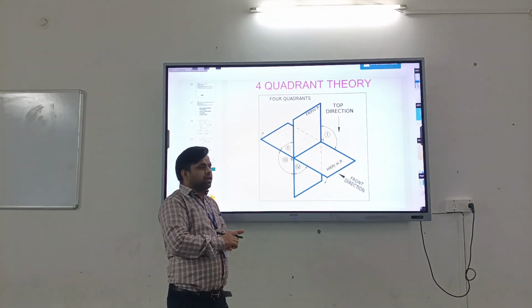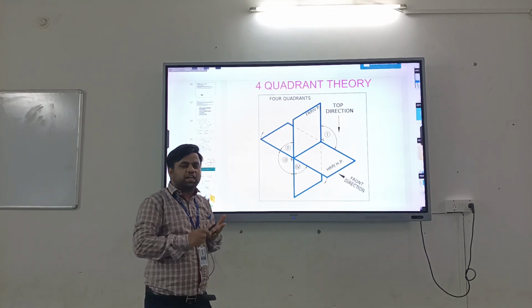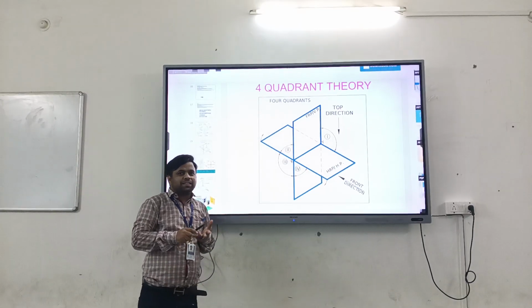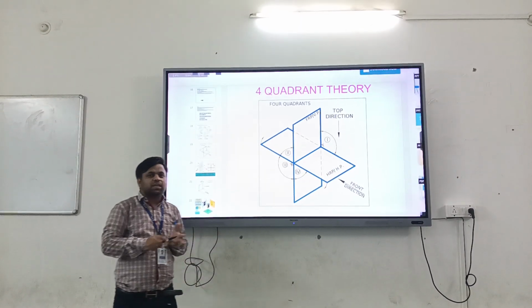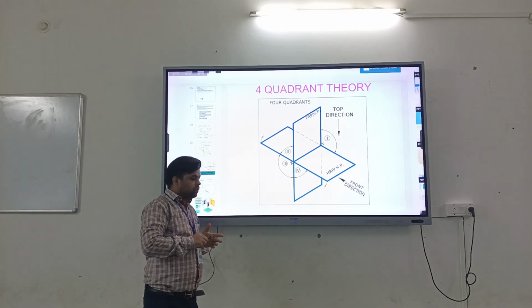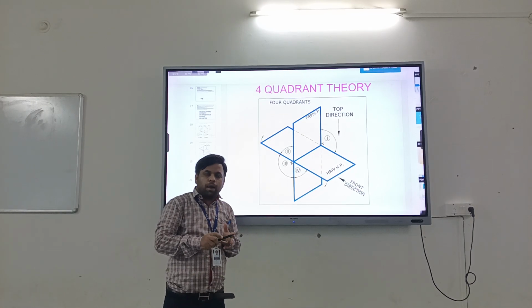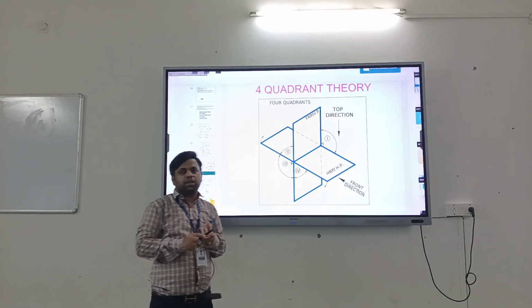There are two principal planes, vertical plane and horizontal plane, and the axis that divides the two planes is the reference line called the XY line, which separates the vertical and horizontal planes.